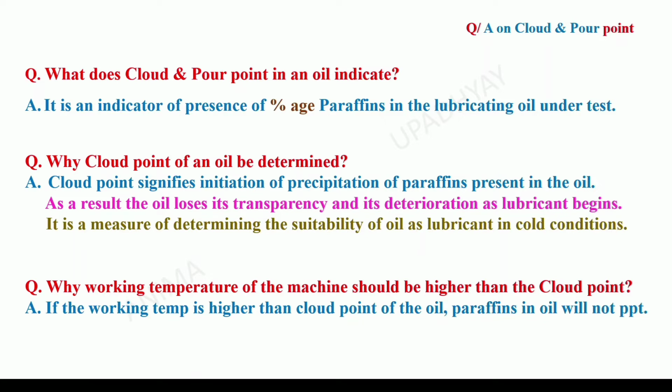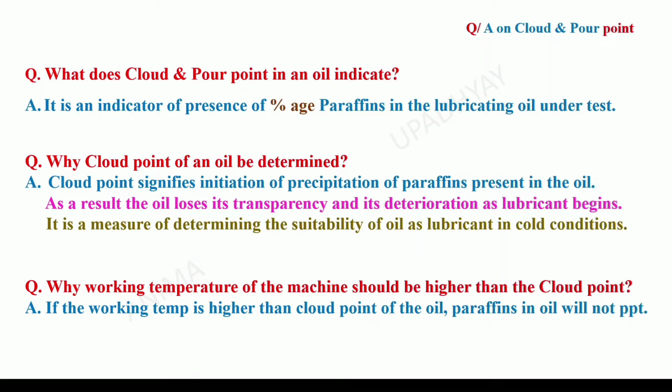As a result of the precipitation, the oil loses its transparency and its deterioration as a lubricant begins. Therefore, it is a measure of determining the suitability of an oil as a lubricant under cold conditions.